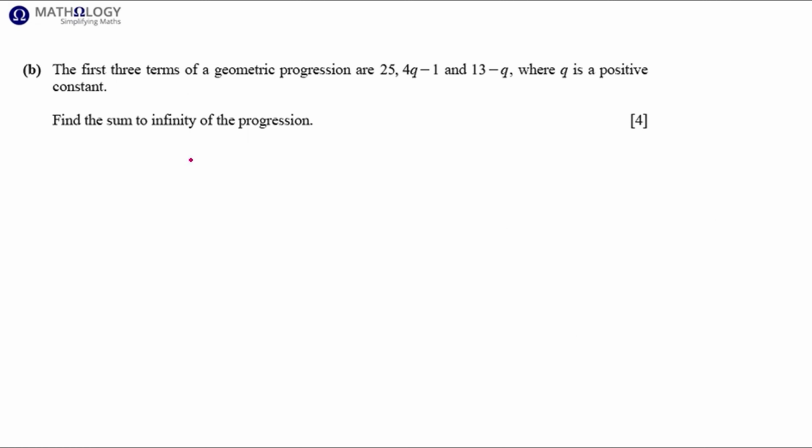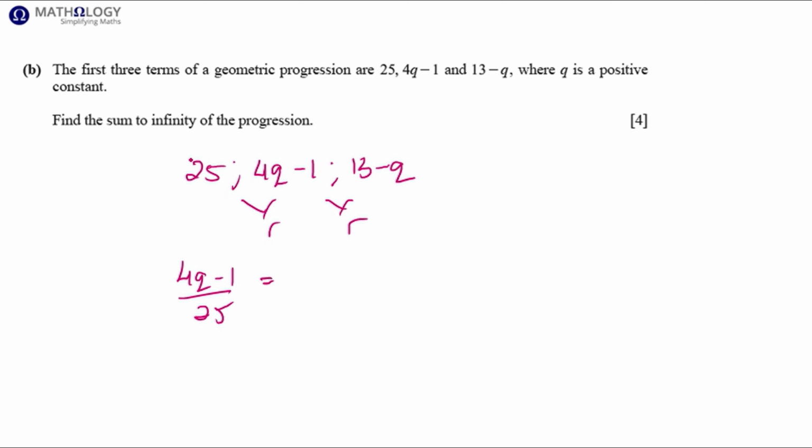The first 3 terms of a geometric progression are 25, 4q minus 1, and 13 minus q. The q is a positive constant. Find the sum to infinity of the progression. Given the first 3 terms of a geometric progression, there's a common ratio between successive terms. So (4q minus 1) over 25 equals (13 minus q) over (4q minus 1).